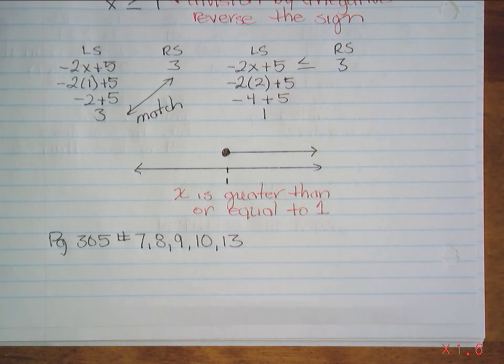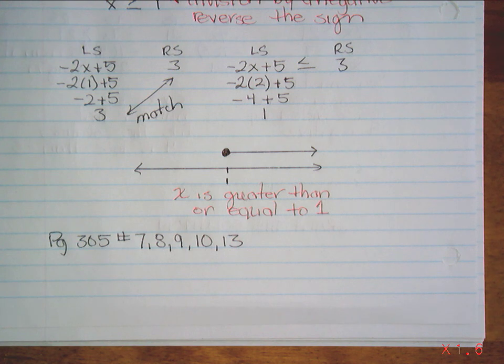Here's what I want you to remember. Just like I said before, when you go to do the work in the textbook, do not check 3 numbers. Only check 2. Also read the directions because you're not required to check all of these. You have to check number 7 and number 10.